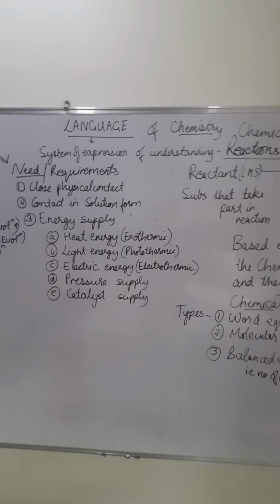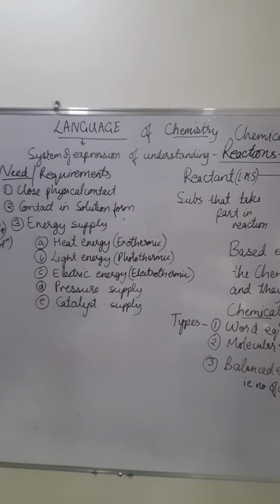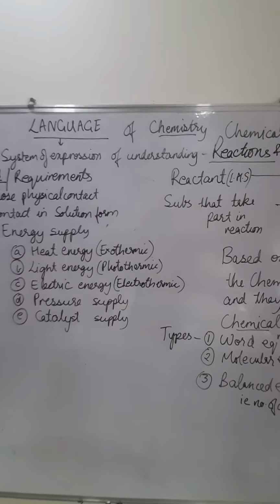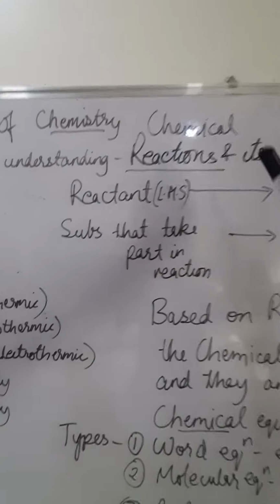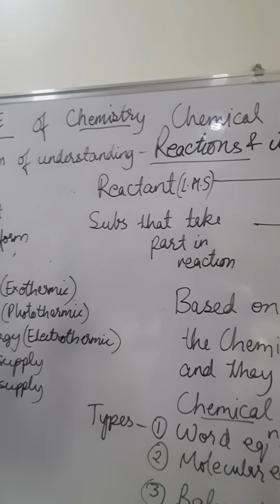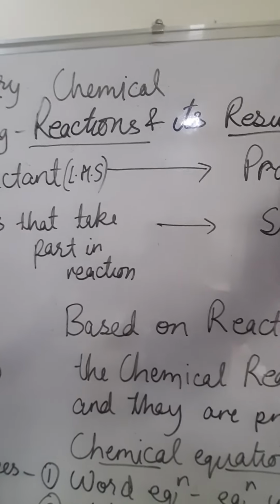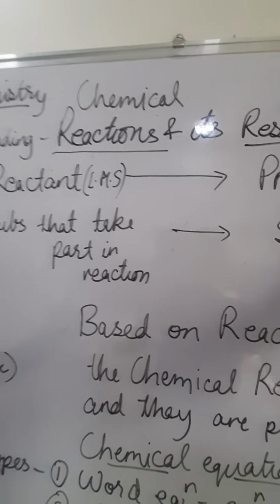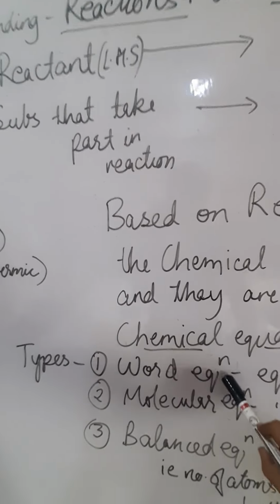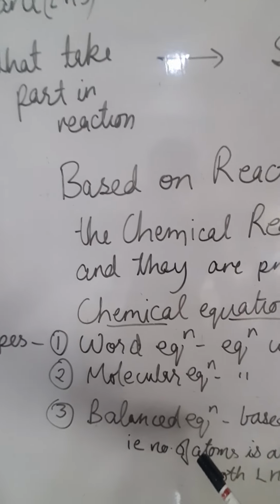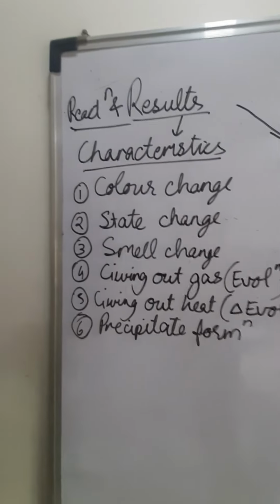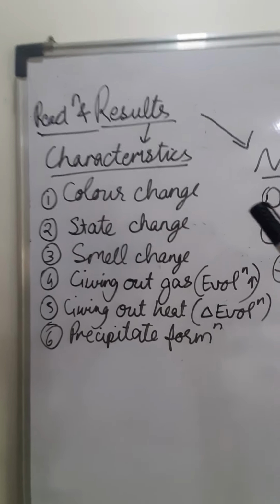So these are the basic requirements to understand language of chemistry very easily. Let us recap it once. In language of chemistry, we talk about chemical reactions. What are chemical reactions? Interaction between reactants to give out the product. Here it can be word equation, molecular equation, balanced equation. What are the characteristics which show us that the reaction has taken place?